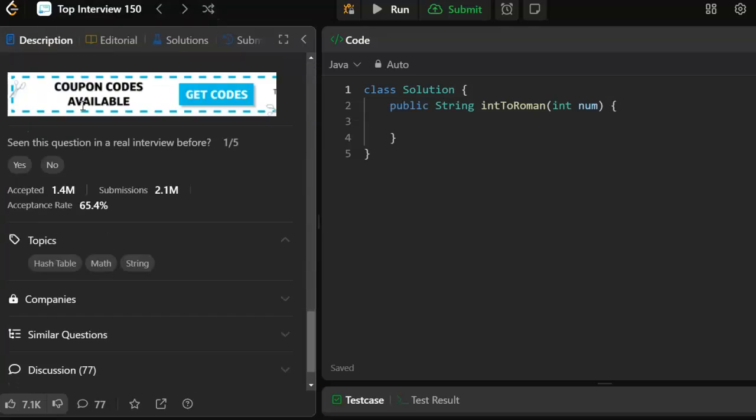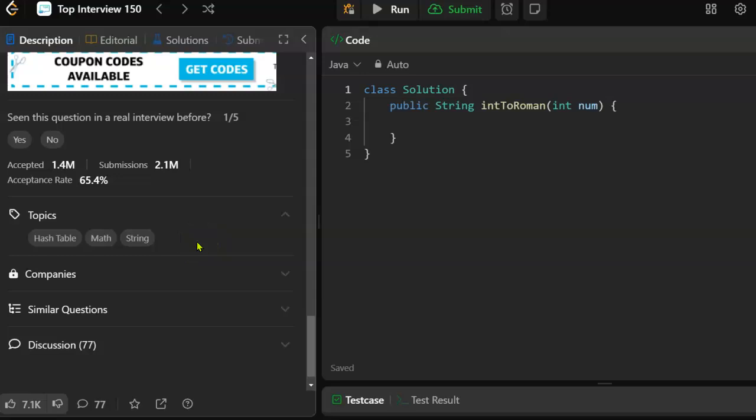Take a quick look at the topics. Topics: hash table, math, string. Okay. I don't think we want to do a hash table on this one. I mean, you could do a hash table, but then I think you would have to count the number of digits and keep track of where you are.